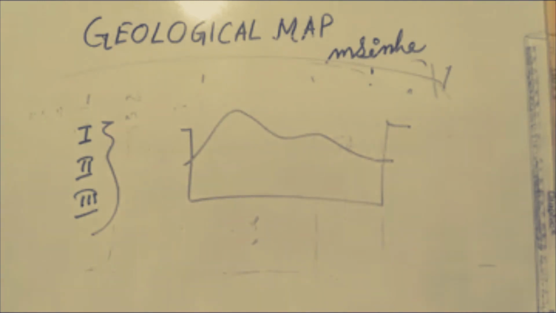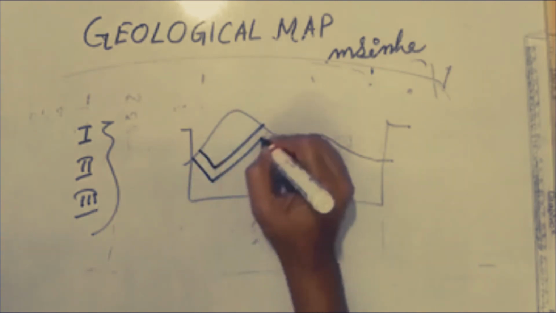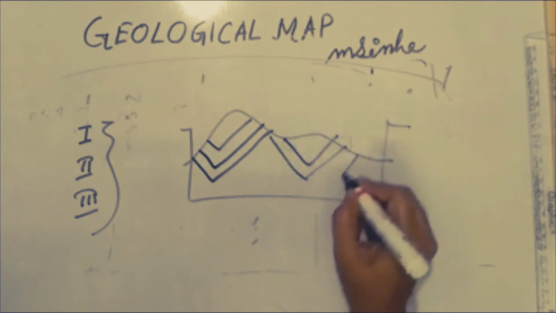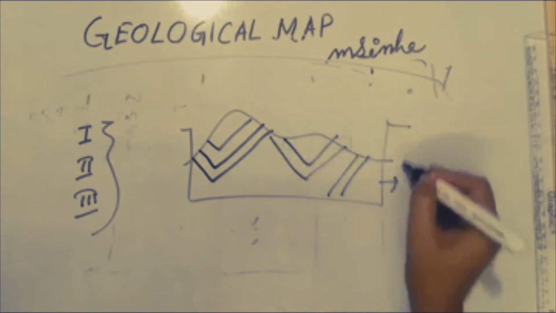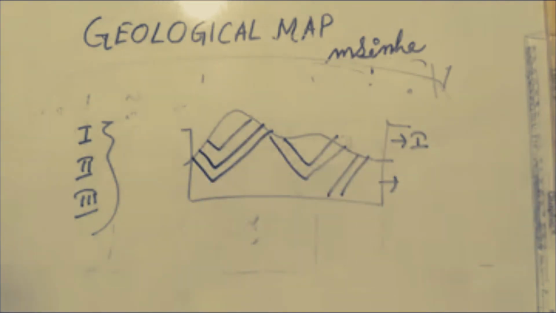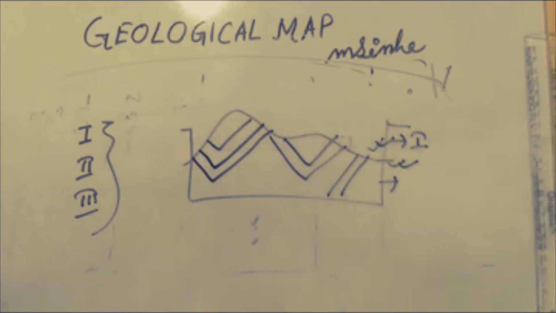The second is the internal situation: beds, succession of rock beds, all these things we get from the geological map. The first is the outer surface. It may be an undulating plateau, it may be a uniclinal structure, all these things. The second is the internal condition, alignment of rock beds, dip, etc.